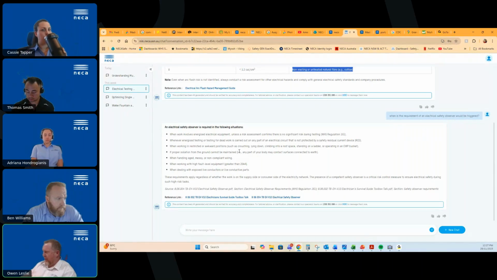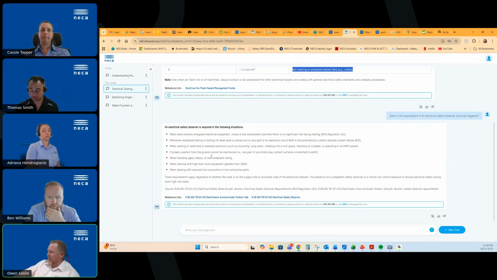When work is restricted, if proper isolation from the ground can't be maintained, so separation from earth. When handling aged or messy non-compliant wiring, when working with high fault current levels, and when dealing with exposed live conductors or conductive parts, disconnecting, reconnecting, racking in, racking out type work as well. So it gave me a pretty good answer on that as well. So it's pretty good.